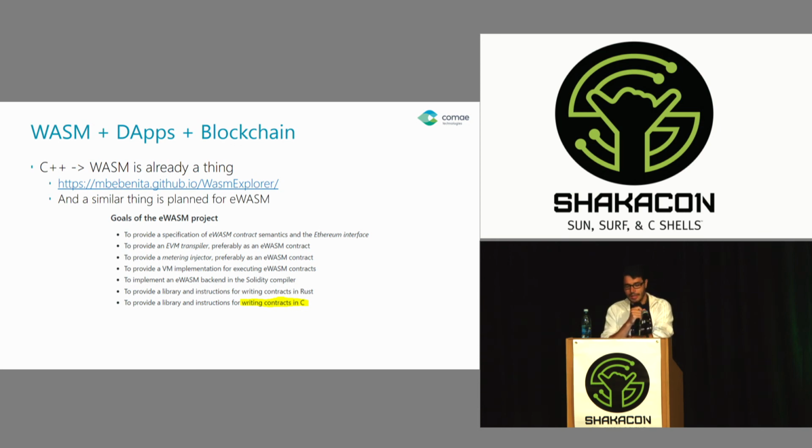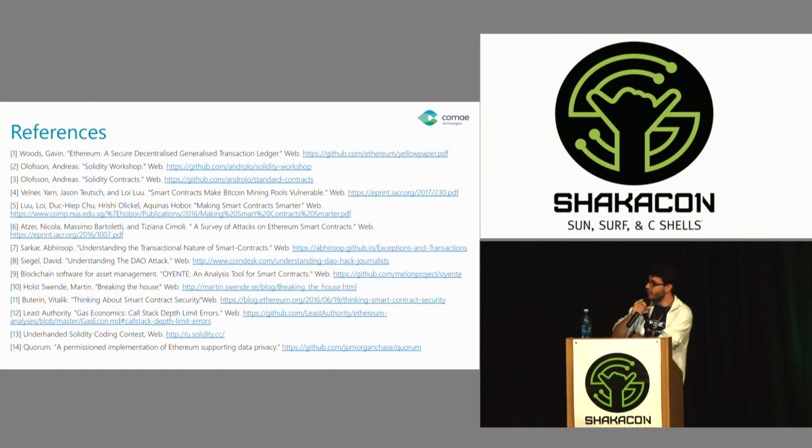Unless I'm missing something, and I asked a bunch of people, that's pretty crazy. It does not make any sense from a software design point of view. And those are some references if you want to read more about it.